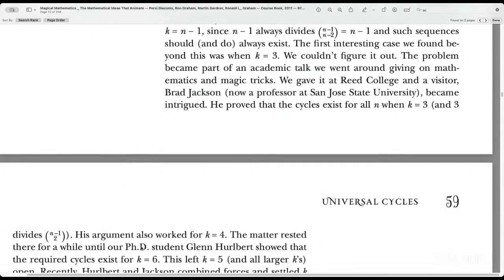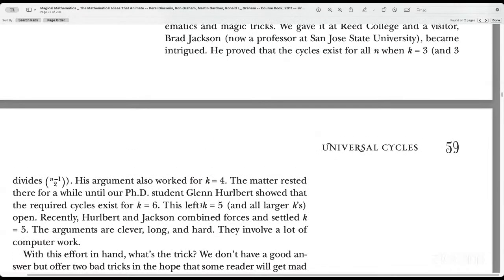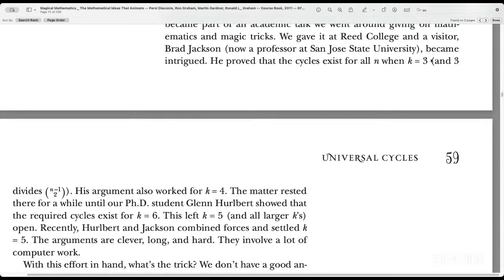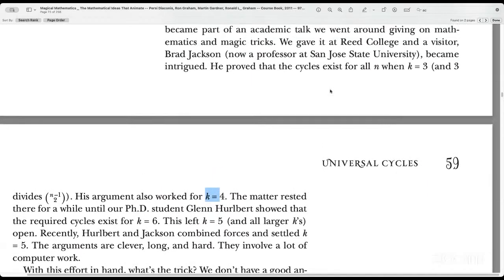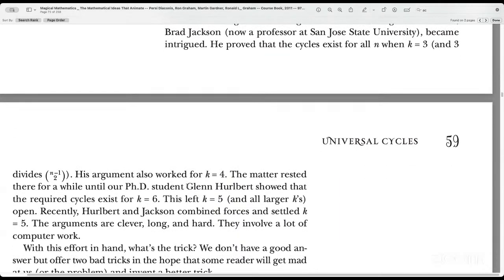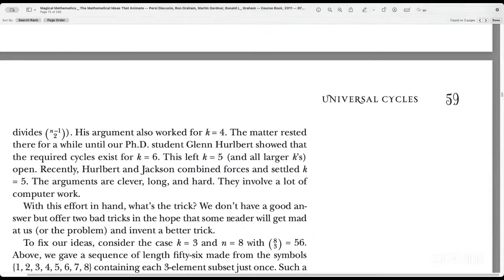So I think the state of the art is that you can do it for all n, and values of k up to 6 is what was known at the time of this writing. So k equal to 2 they already knew, k equal to 3 somebody came up with, and actually this somebody being Brad Jackson, and then Glenn Hurlbert showed it for k equal to 6, and then I think they collaborated and also fixed k equals 5.